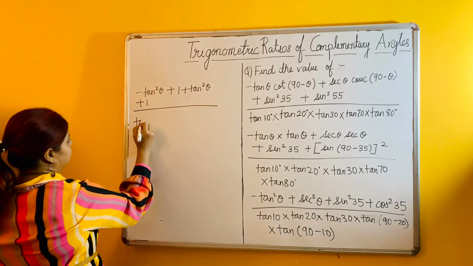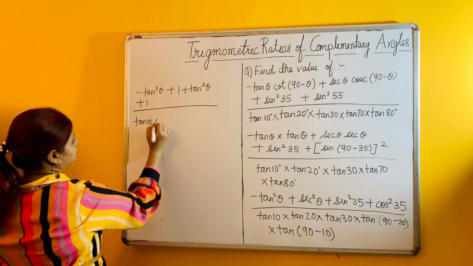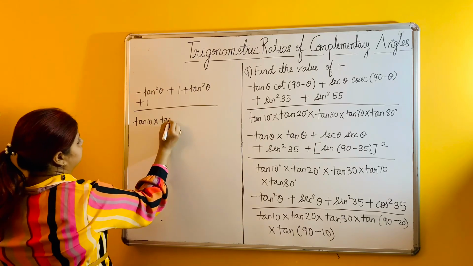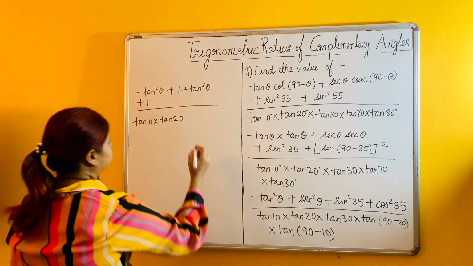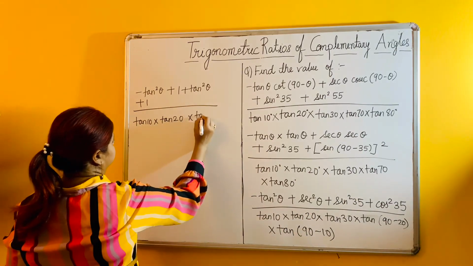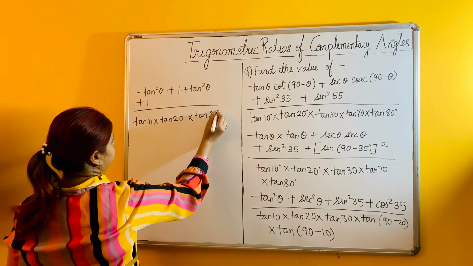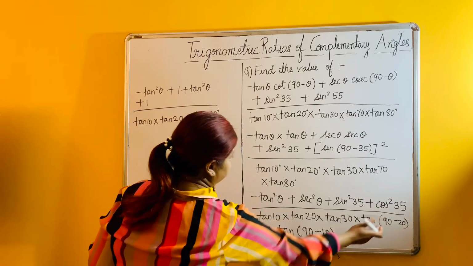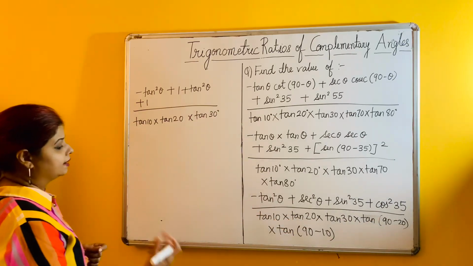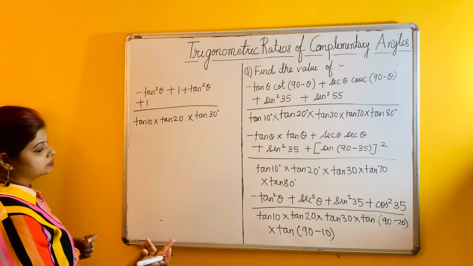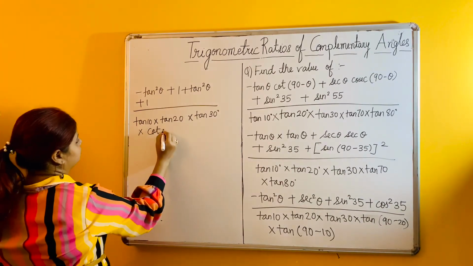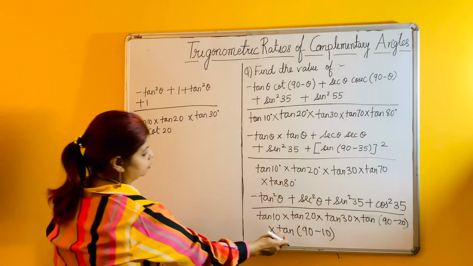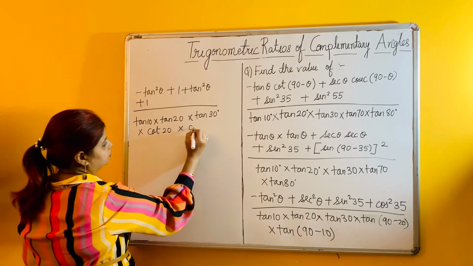It is tan 10 degree into tan 20 degree into tan 30, and then this is tan 90 minus 20. So tan 90 minus theta is cot theta. So it is cot 20, and this is again cot 10 degree.